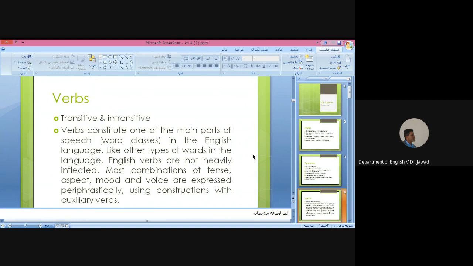It's not just one word. You have a mixture. For instance, we have auxiliary verbs making constructions such as mood or voice. Let's move.